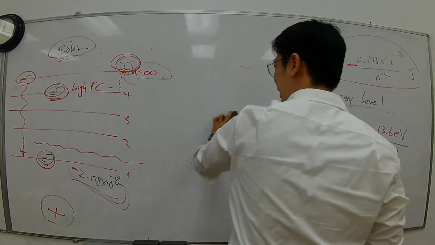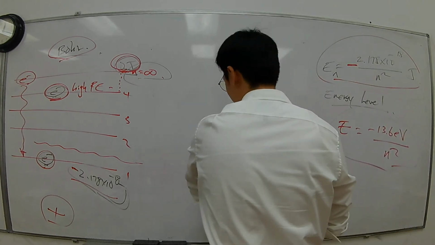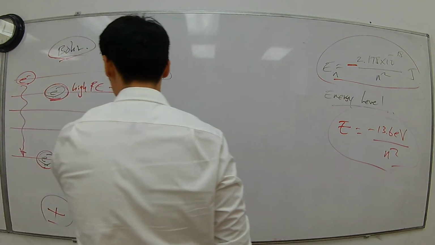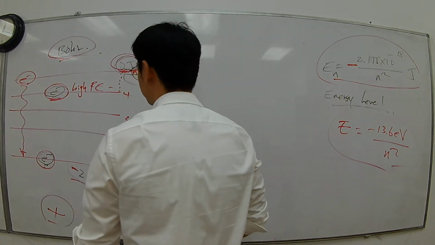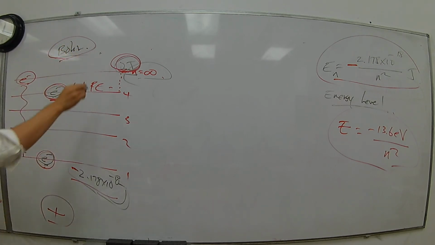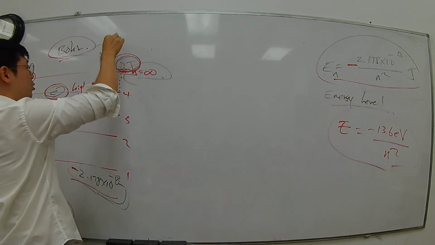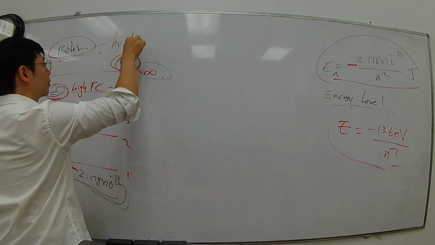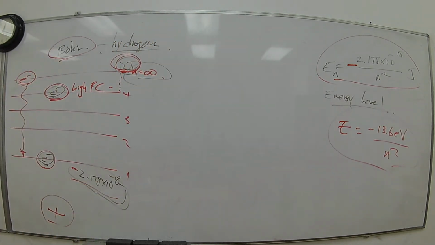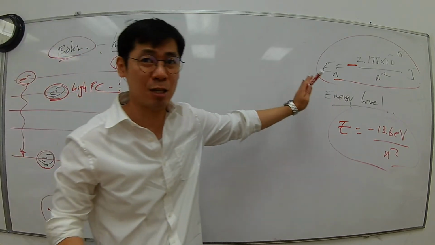One thing, I know some of the Jericho folks asked this last year or the year before. Bohr worked with hydrogen atoms only. All this, the equation and all, he used hydrogen atoms to get it.